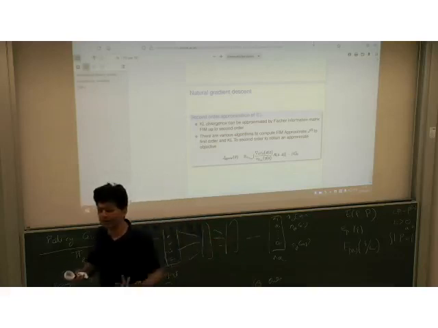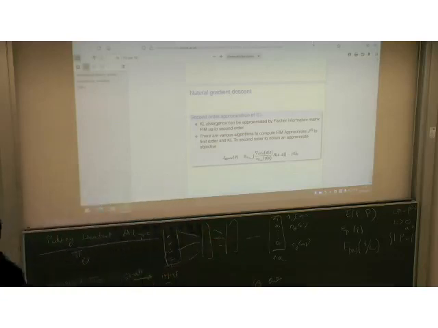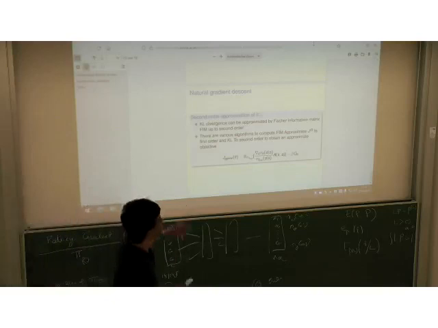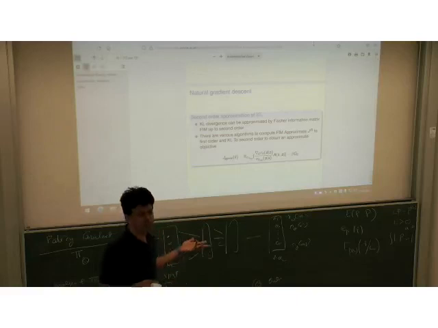The policy gradient method was a first order approximation to achieving a better policy, but it has a lot of variance. And this is now a second order approximation because it's approximating your objective by a second order differentiation. The Fisher information matrix is a second order derivative.